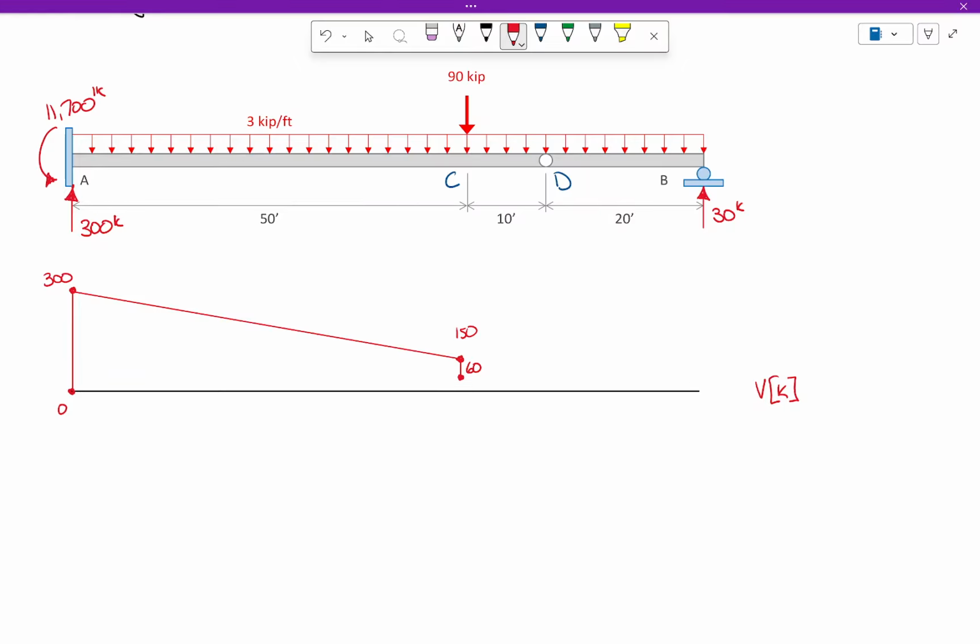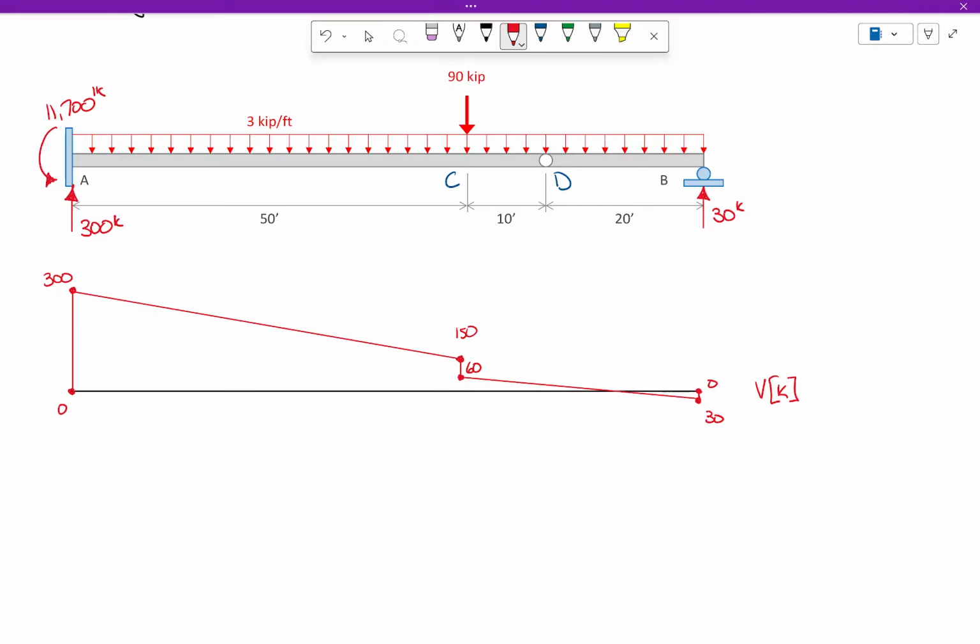So if I'm at 60 and I go down 90, what does that put me at? And then that's going to bring me back up. So that's going to look something about like this. Does everybody see that? Okay, that's your shear diagram.